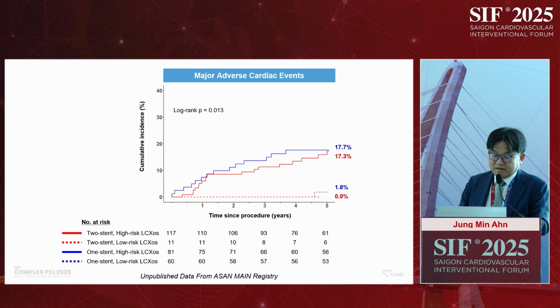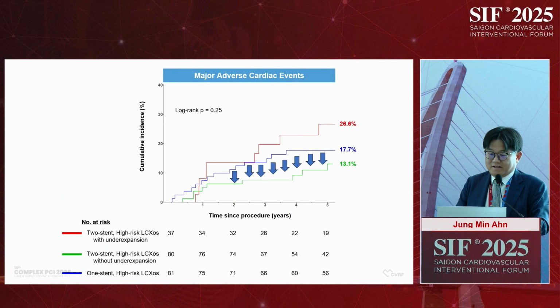Two-stent technique in low-risk circumflex ostium and one-stent technique in low-risk circumflex ostium had a very low event rate, similar between the two. So actually, the circumflex fate, the patient's fate, is already determined by how complex it is. Then what should we do? So we compare the two-stent technique with the one-stent technique in high-risk circumflex ostium.